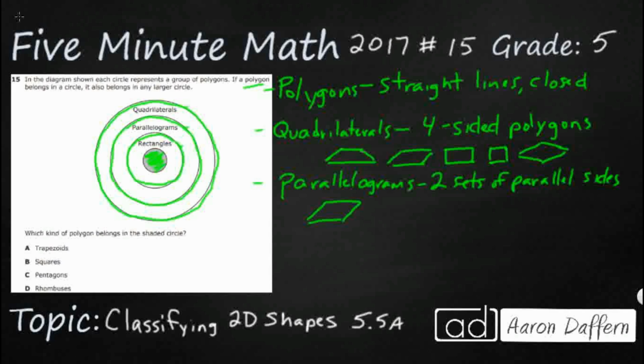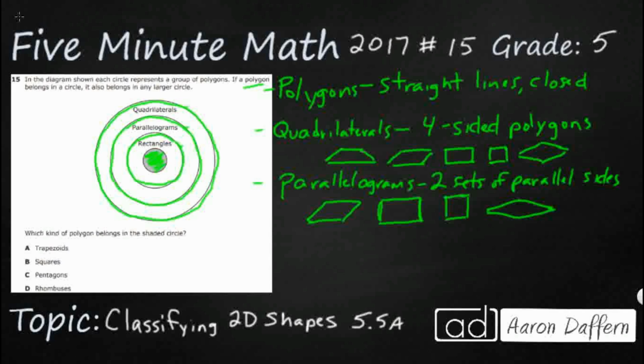We've got the slanted one, but guess what else is a parallelogram? Rectangles are parallelograms because these sides are parallel, the top and the bottom and the two sides. We also have squares that are parallelograms because the top and the bottom are parallel, the side and the side are parallel. And then if we're looking at rhombus, which sometimes people call diamonds, which actually isn't a shape, those are also parallelograms. We actually have a lot of parallelograms.